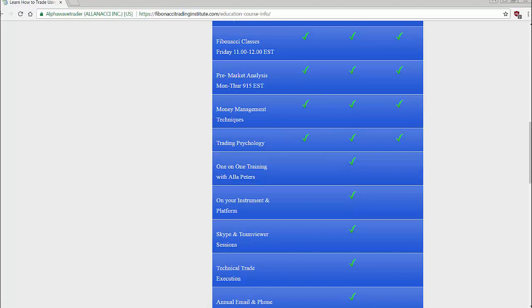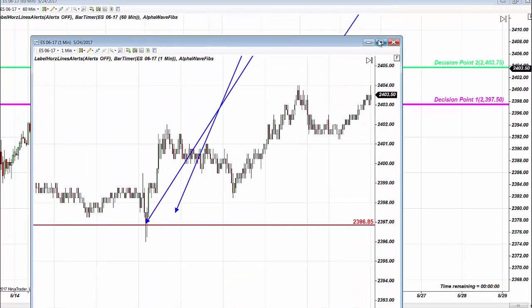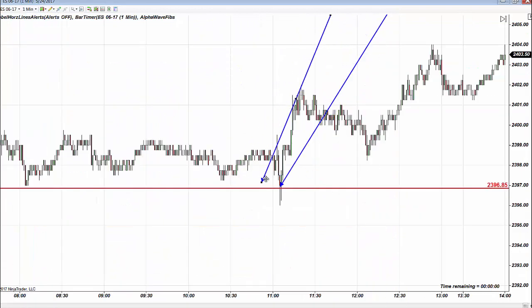As in Friday class, we dissect how to identify these levels on short-term charts, how to use this in trading 1 minute, 2 minute, 3 minute, 5 minute chart. Because if you know that this is Fibonacci support, if you understand that this is crucial Fibonacci reversal zone, you would never be tempted to short into.